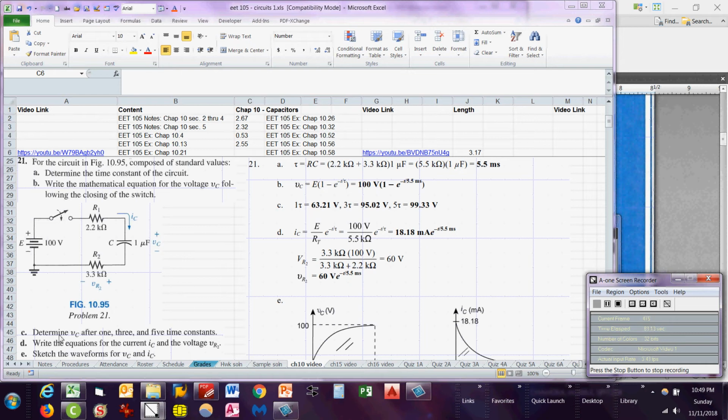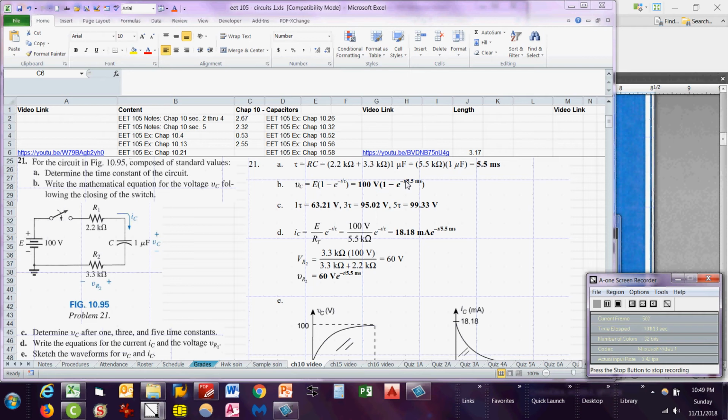Part C. Determine VC after 1, 3, and 5 time constants. So what you do is, for this t right here, you put in 1 tau for the first part.